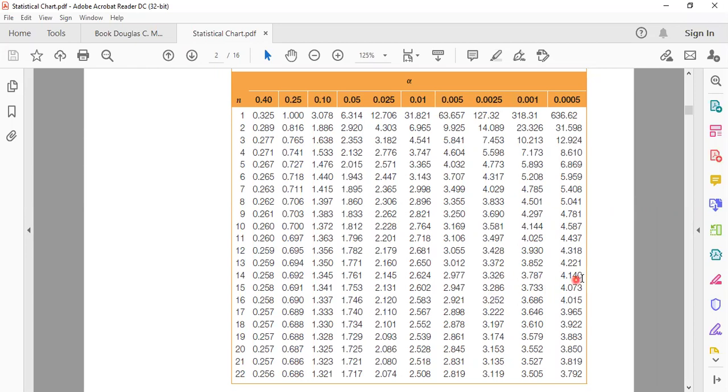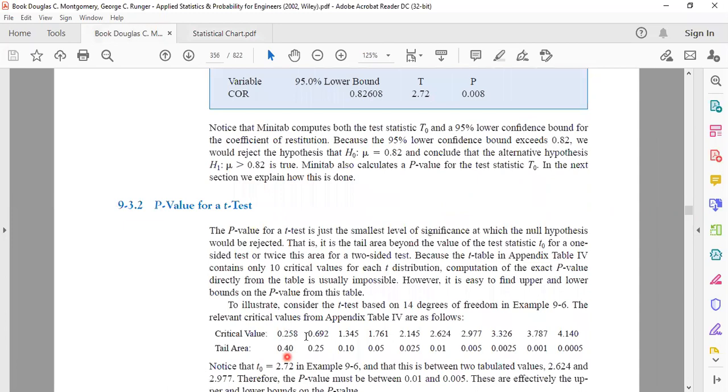Isn't it? These are the values. Now let us go back to this: 0.258, 0.692, 1.345, 1.761 up to 4.140. So by critical value, they actually mean the values corresponding to 14 degrees of freedom. Tail area means the level of significance.